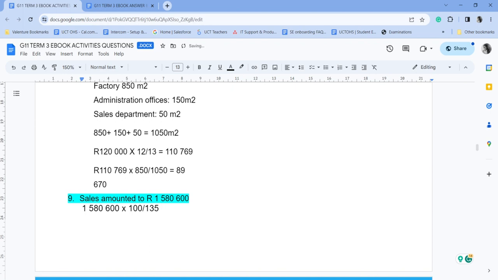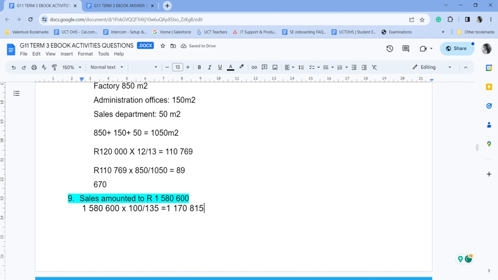Let me calculate it on my calculator. 1,580,600 multiplied by 100 divided by 135. I get 1,170,814. It's actually 815 because there are decimals in the final answer.